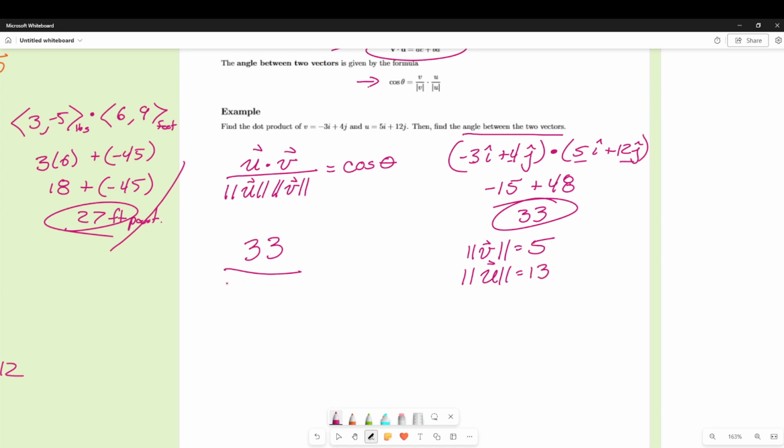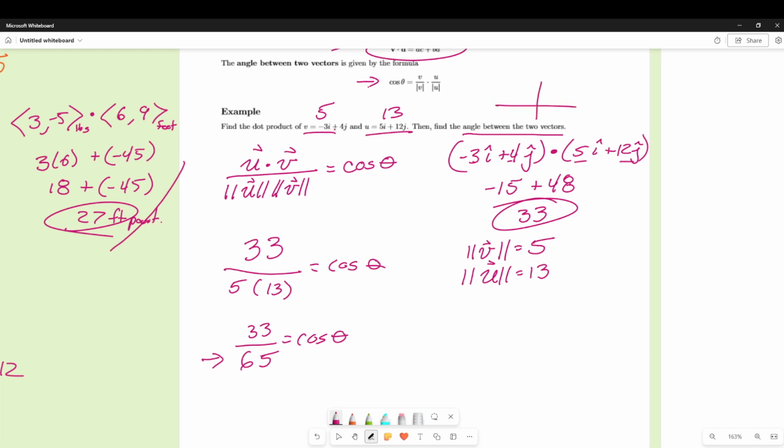So the product of the magnitudes is 5 times 13, so it's 65. So you can think of it as, the magnitude of 5 and the magnitude of 13, their product wants to be 65. But the vectors are not headed in the same direction.